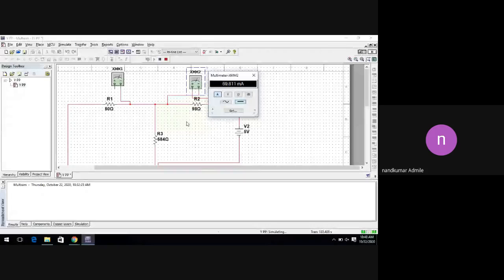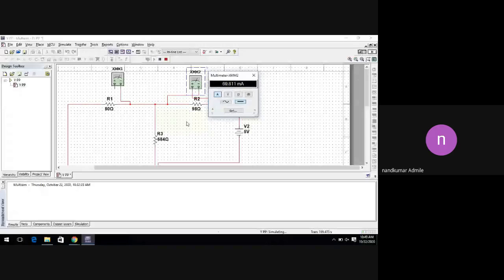So use of four parameters. You know the formula of y11, y12, y21, and y22. In order to calculate these four parameters, we require the values of V1, V2, I1 and I2.